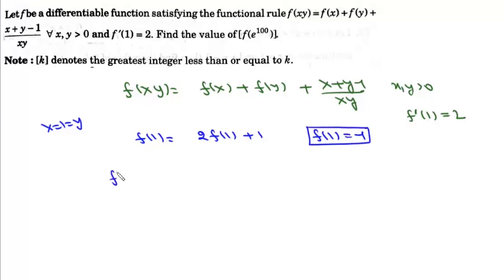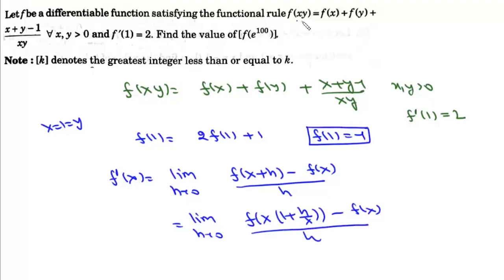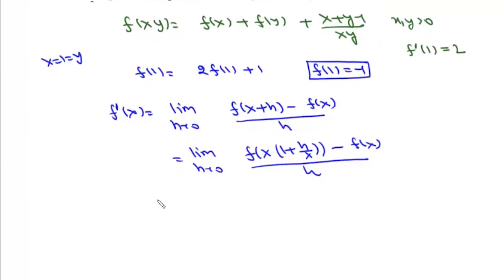Now we'll write f dash x. Now we'll write f dash x as this limit h tends to 0 of f of x plus h minus fx upon h, and we'll write this as limit h tends to 0, fx into 1 plus h upon x minus fx, whole divided by h. Now we'll use this formula fxy is fx plus fy plus x plus y minus 1 upon xy. So we'll write this as limit h tends to 0.